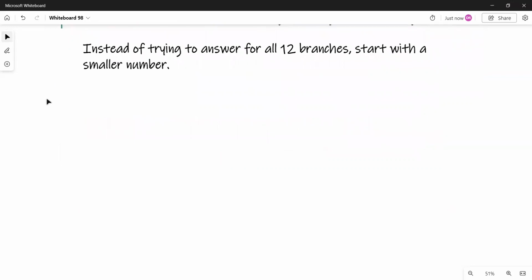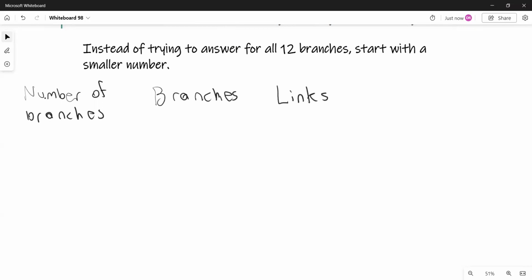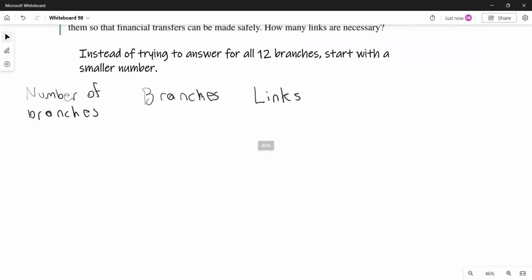So we're going to organize the information by the number of branches, then the branches themselves, the links, and the number of links.